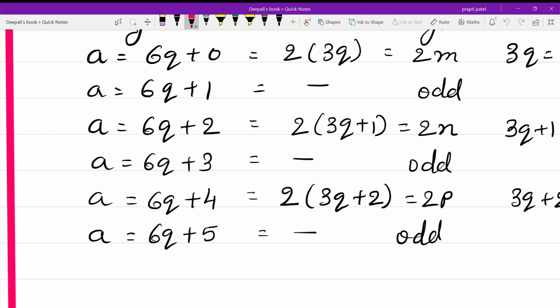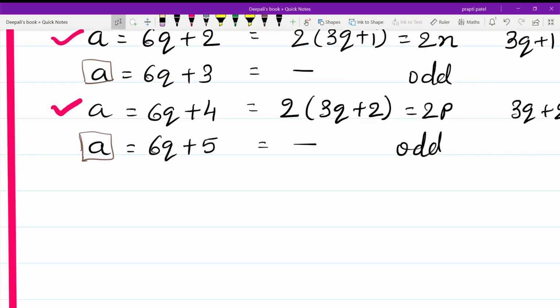So we can easily observe that first a, third a and fifth a can be written as a multiple of 2, whereas the other a's cannot be written as a multiple of 2. So we can say that whichever can be written as a multiple of 2 is an even number and others are odd numbers.